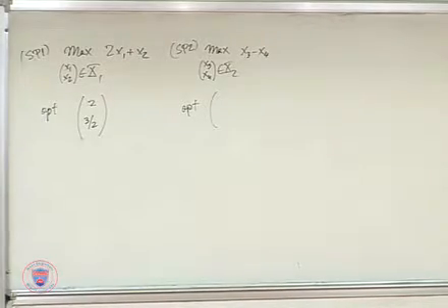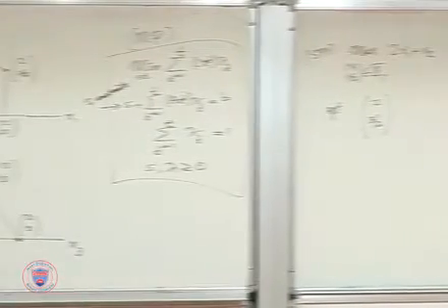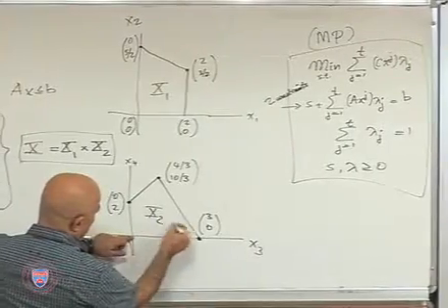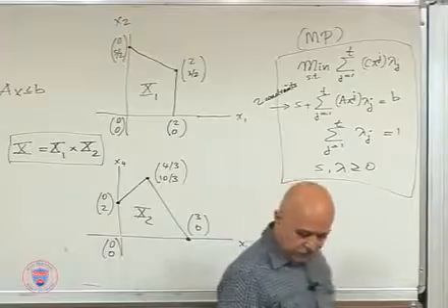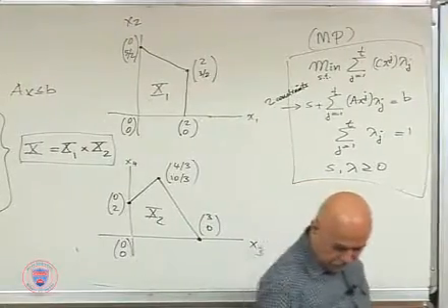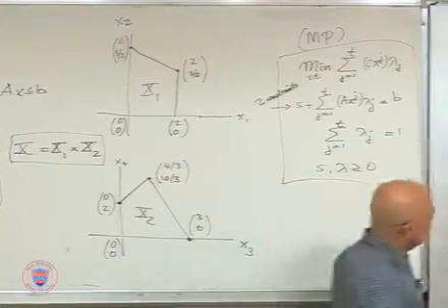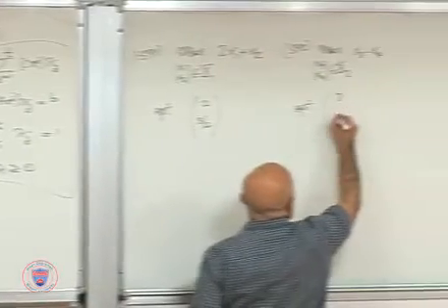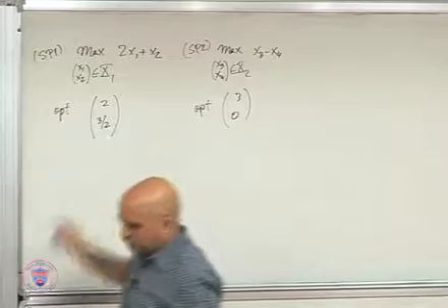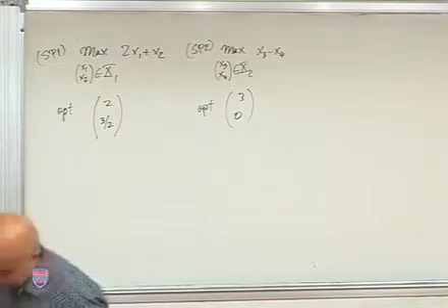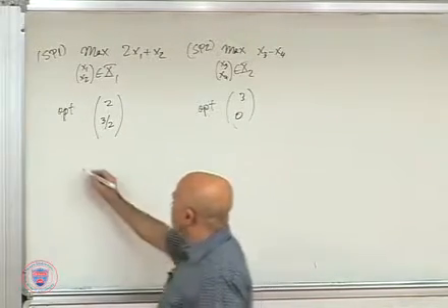It's 1 and minus 1. So 3, 0 should be the optimum, right? Yeah. Let me just check this one. Yeah, it's correct.